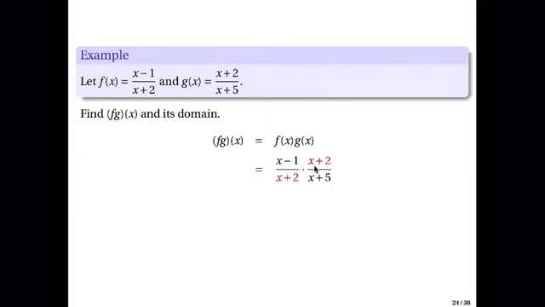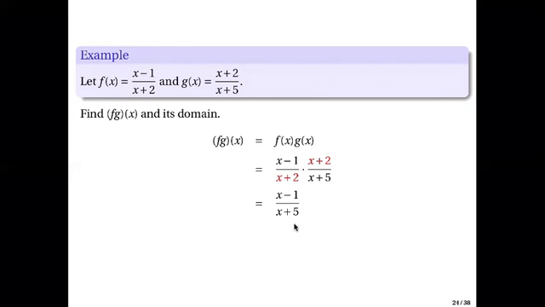But notice, if you multiply them, x plus 2 will cancel. The simplified version of f of x times g of x will be (x minus 1) over (x plus 5). So look at the simplified version: x minus 1 over x plus 5.